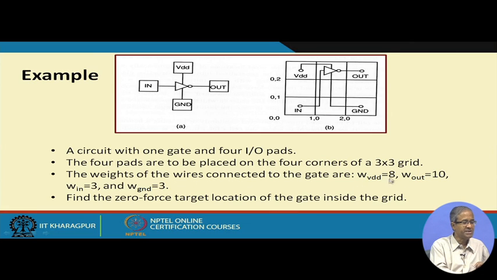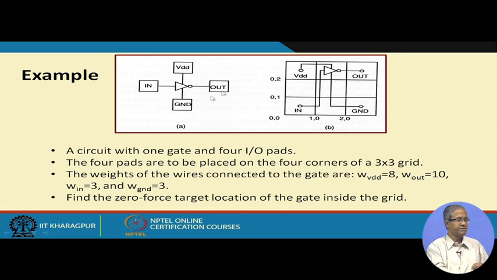These numbers are just for illustration purposes. Do not think about why the VDD weight is 8 and the ground weight is 3, these are just some numbers. So, let us say W VDD, the weight of this line, is 8, W out is 10, W in is 3 and W ground is also 3.